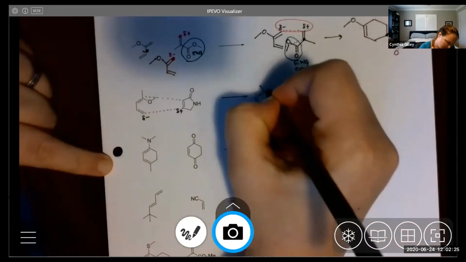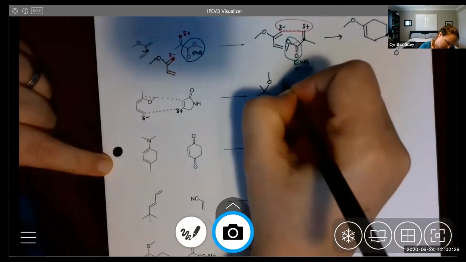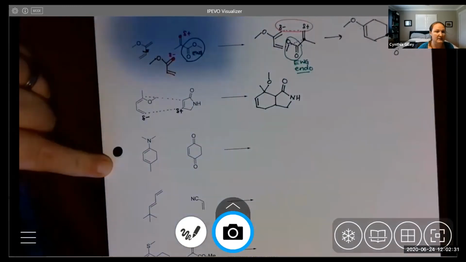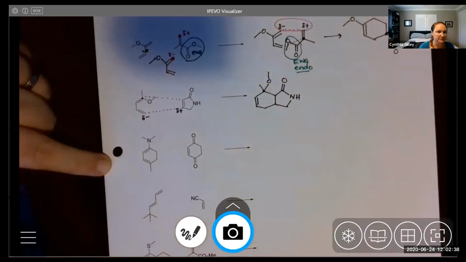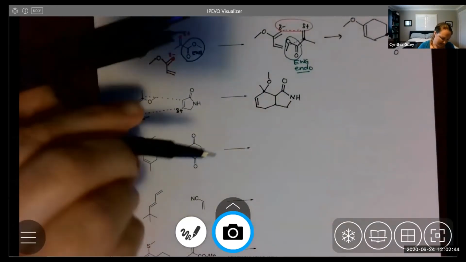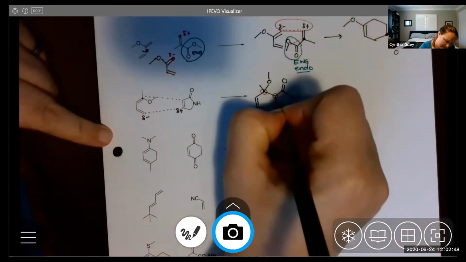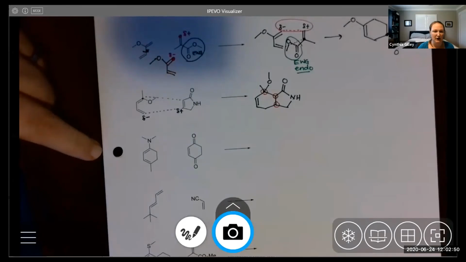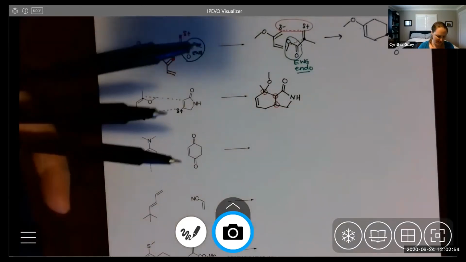So without worrying about stereochemistry temporarily, we get something like this. The only carbon that had substituents is this one, and then this as well. And now, how many stereocenters do I have? When I draw the final product with stereochemistry, I need to have dashes and wedges for all of them.